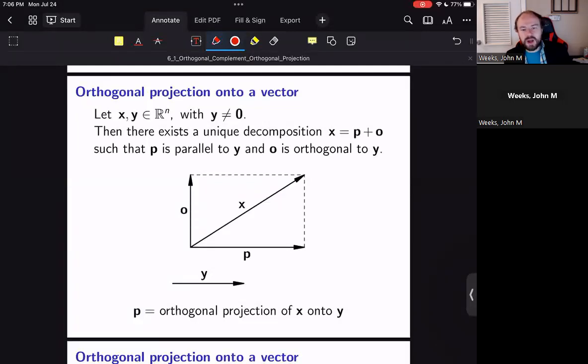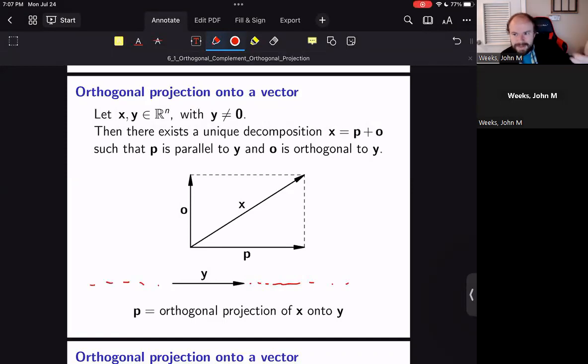So we could also do orthogonal projection not only onto a vector subspace, but also onto a vector itself. So we could do the same decomposition here. And the reason that this works is that any vector that we choose, say y, for example, generates a subspace on its own.